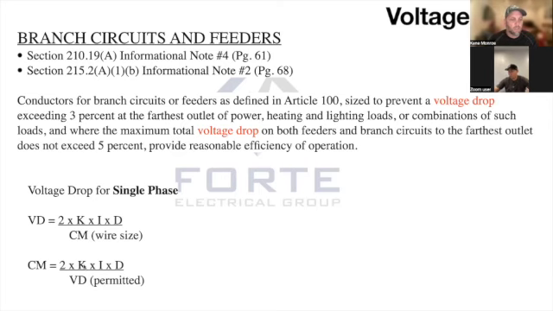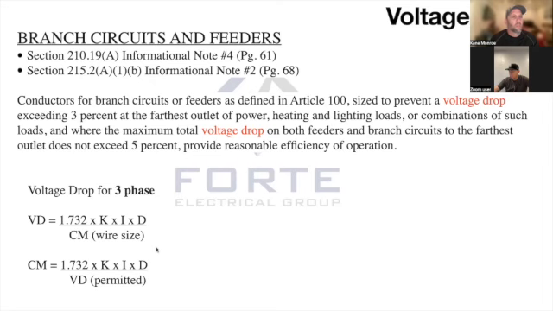So let's go to 3-phase. 3-phase is the same, except you replace the 2 with the square root of 3, which is 1.732. So when you're doing 3-phase, you just replace that 2 with that 1.732.